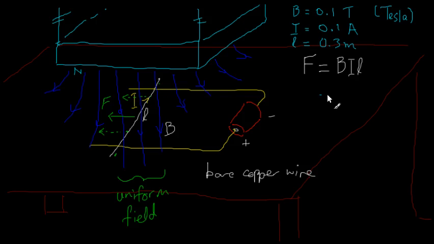So if I now want to calculate the force acting on the iron rod, I will substitute these values into the formula. 0.1 for B, 0.1 for I, 0.3 for the length.